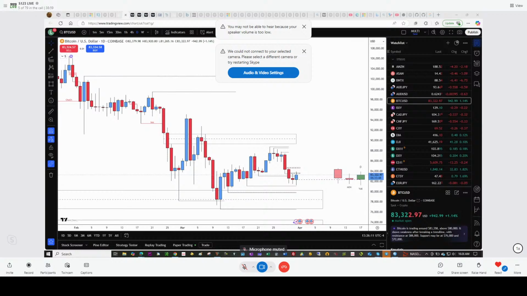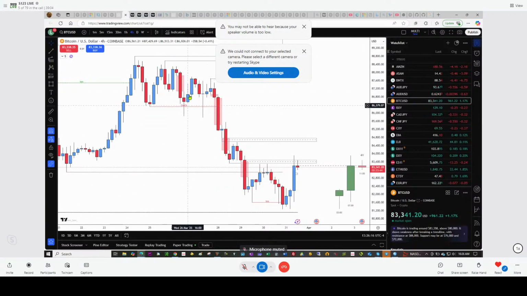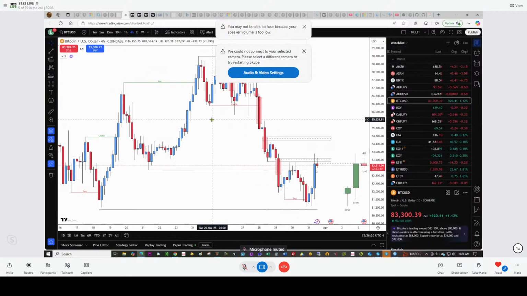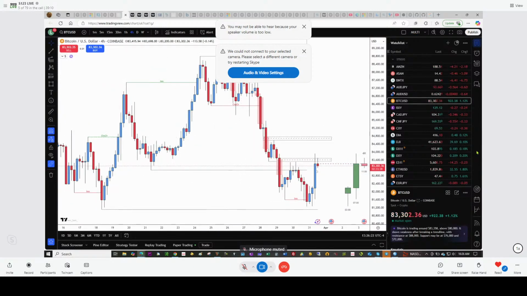Okay, so on the 4 hour, big drop here. So again, I'm going to just look at this from this angle. They gave us a nice 1, 2, 3 in here. We would have looked for a move out one more time, but they did not do that.